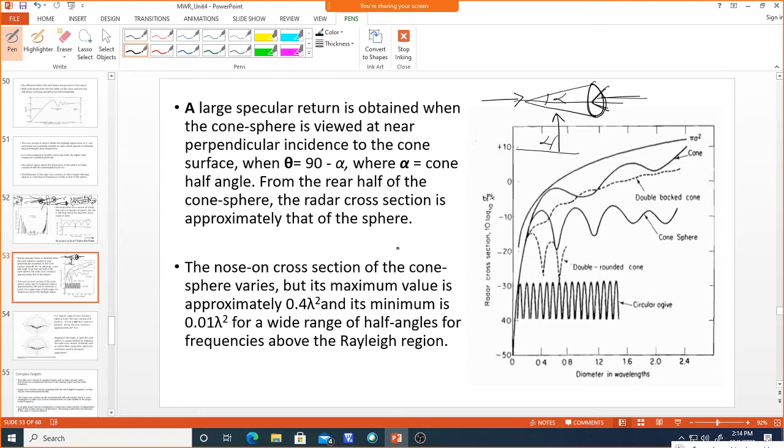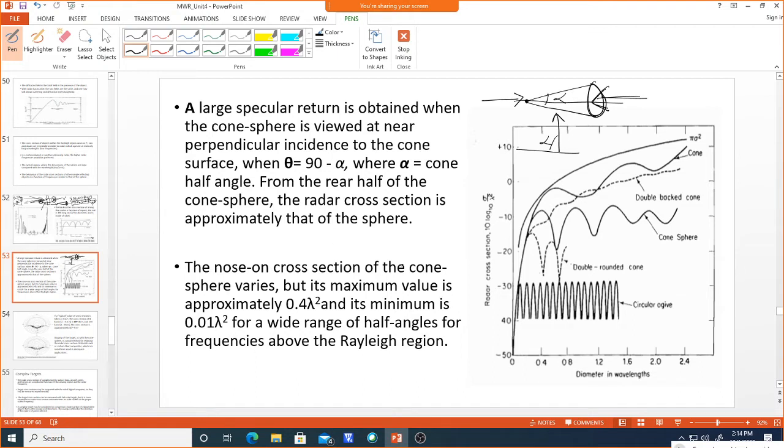Okay, the nose-on cross section of the cone sphere varies, but its maximum value is approximately 0.4 lambda square. At this nose point the cross section varies, and the maximum we can get is 0.4 lambda square, and the minimum is 0.01 lambda square.